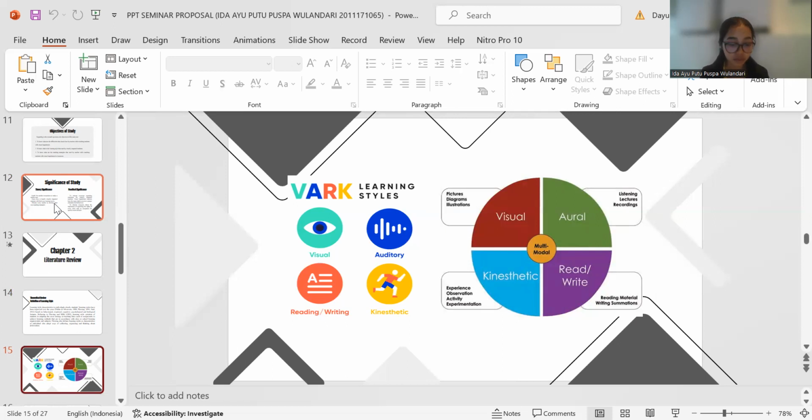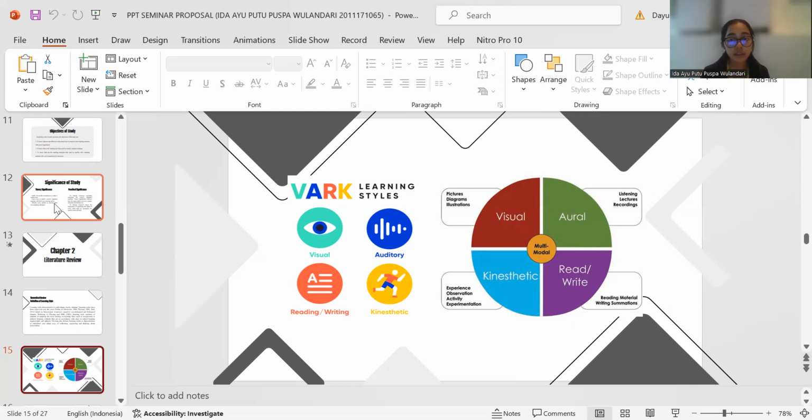The second one is auditory, or aural. Auditory learners really enjoy listening to people talking about something. Besides that, they are good listeners.